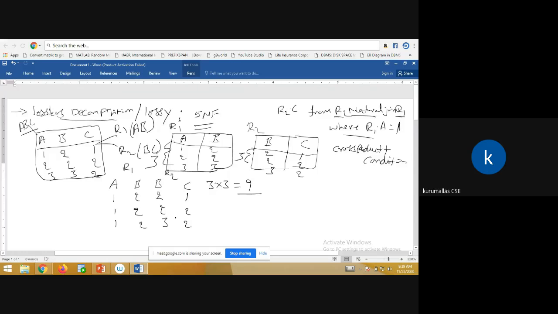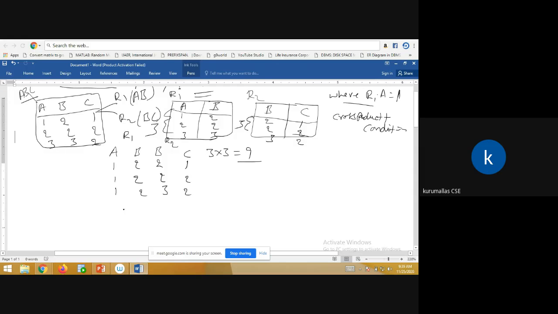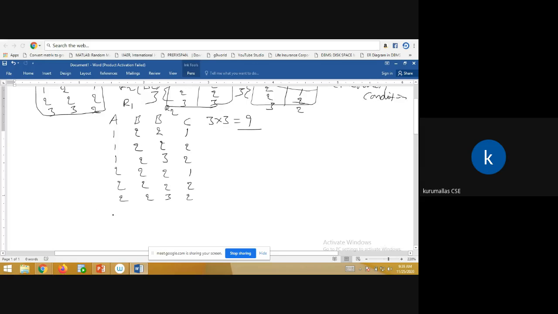First row is over. Similarly, 2 2 with 2 1, 2 2, and 3 2. Second row also over. Next, 3 3 with 2 1, 2 2, and 3 2, right?